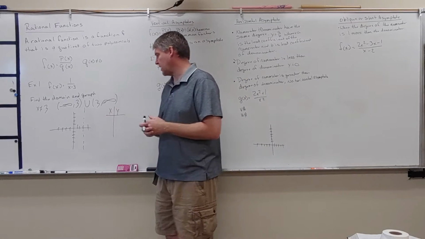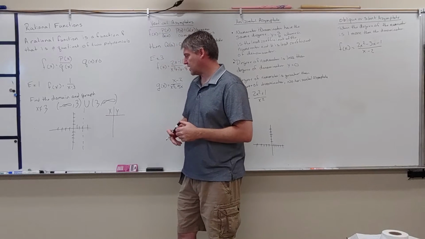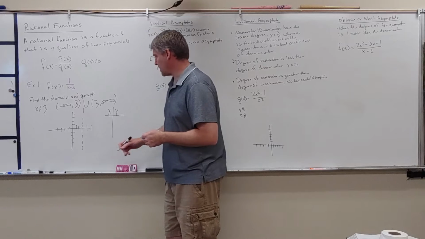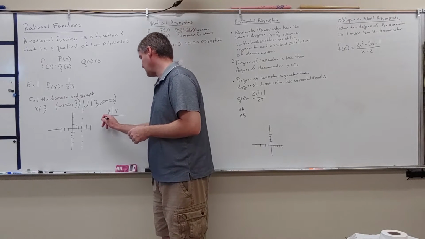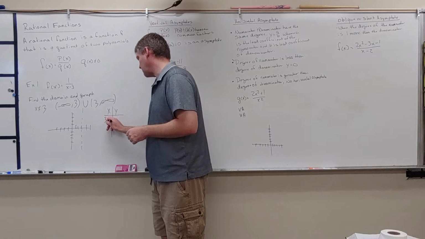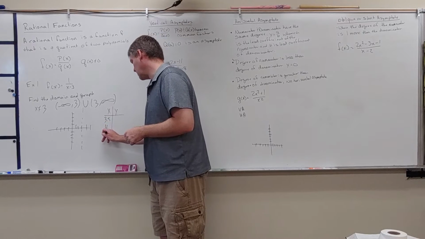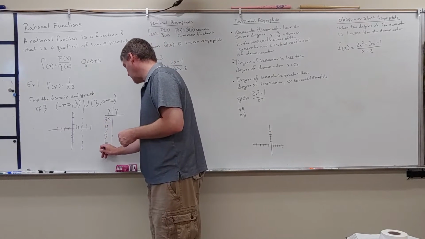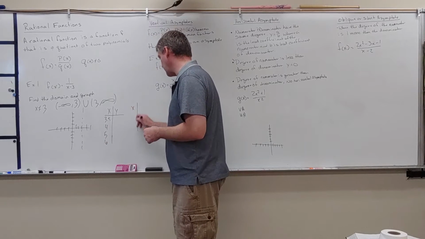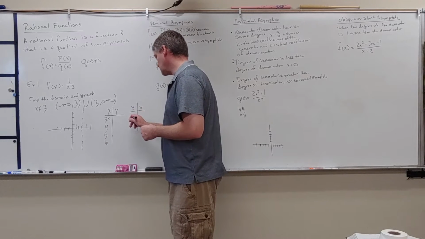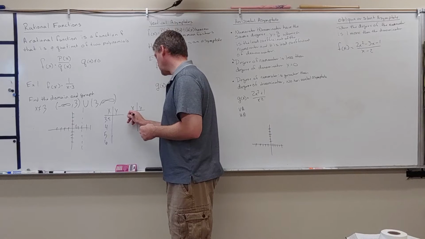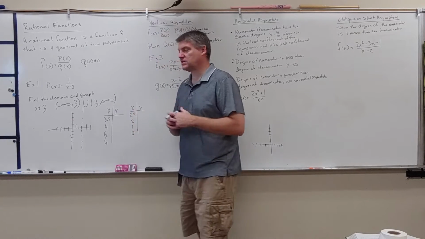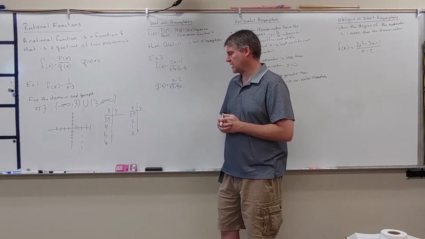Let's go 3.5, 4, 5, 6. We'll set up another one here for the ones below: 2.5, 2, 1, 0.